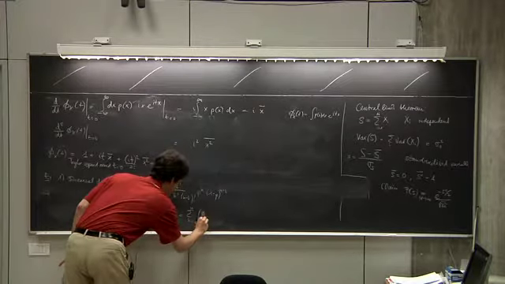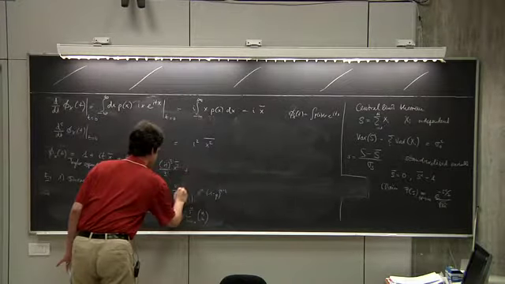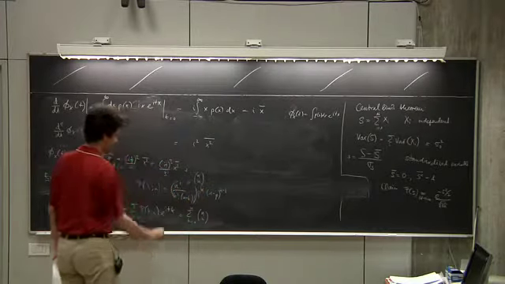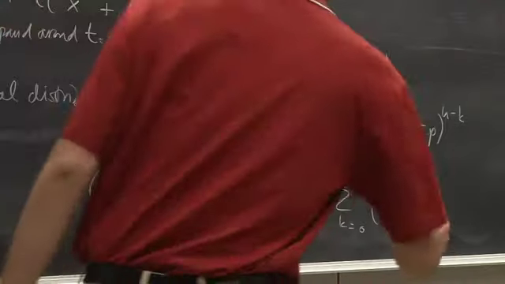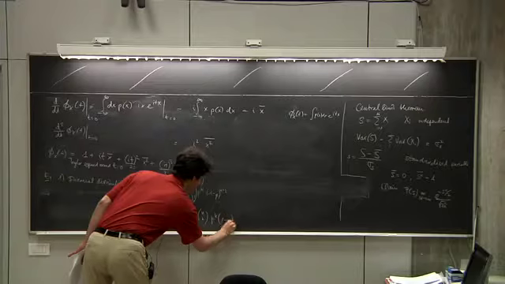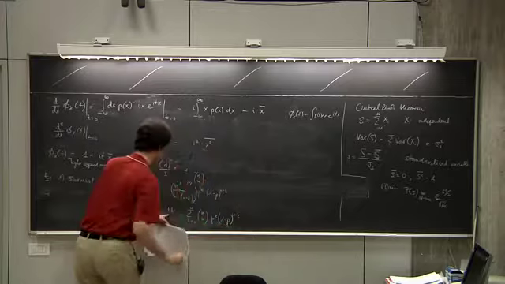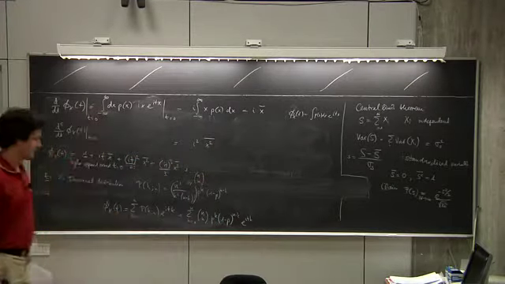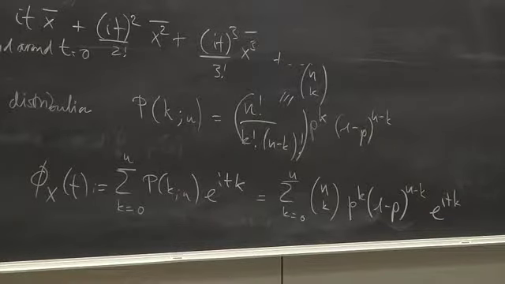So let me now write this like this. This factor is n choose k, but that's a convention to write this. p to the k, 1 minus p to the n minus k times e to the i t k. Does somebody see how one does this sum? p times e raised to it plus q raised to n.